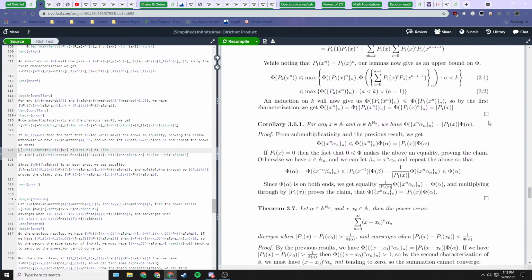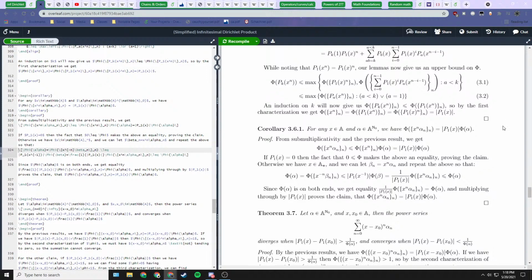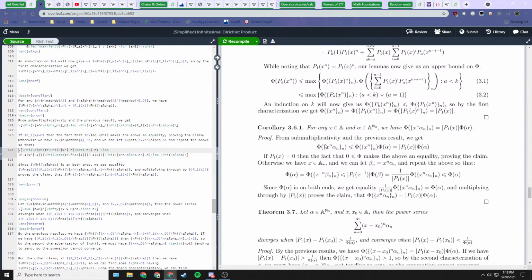There's a small amount of ambiguity here that I'm just noticing, which is that in the case that p1 of x is 0 and phi of alpha is infinity, it's actually ambiguous what this means. I believe that's because we have some ambiguity in the sub-multiplicativity.